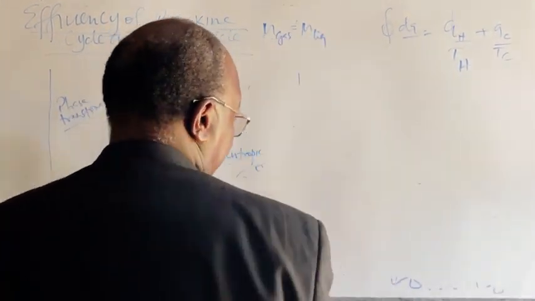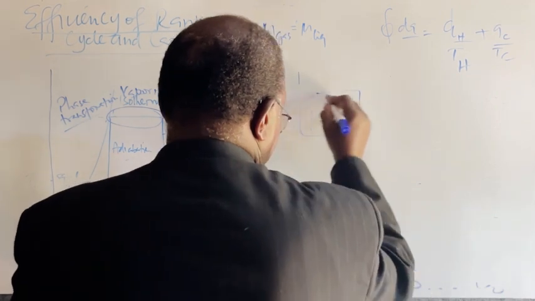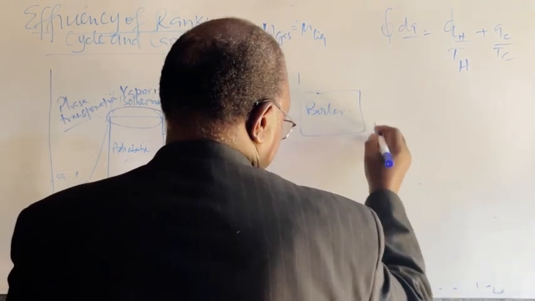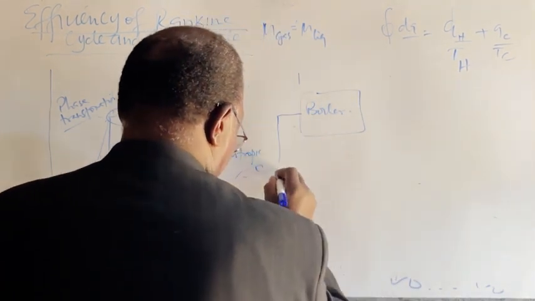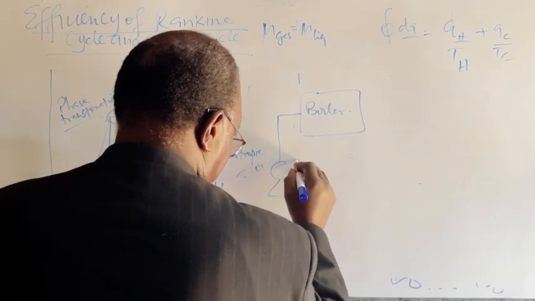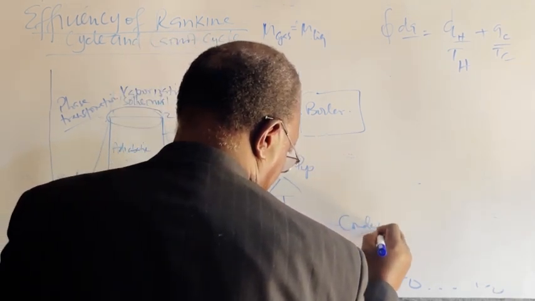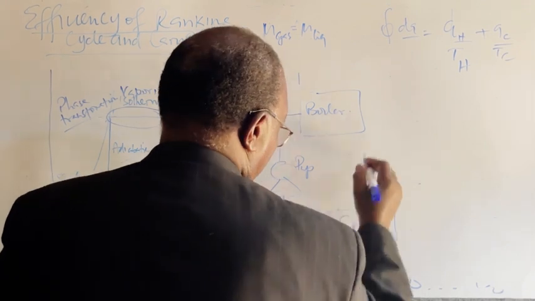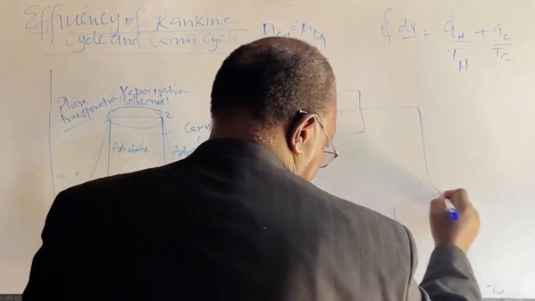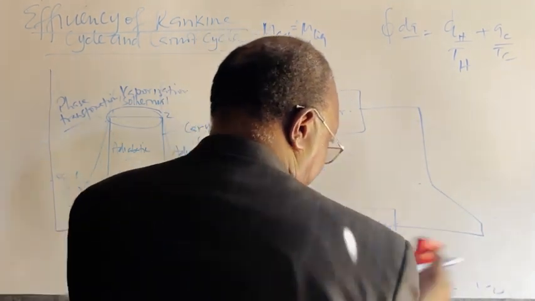the elements were very simple. We had the boiler, we have the pump, we have the condenser, then we have the turbine.